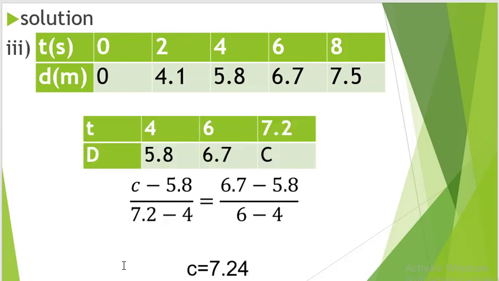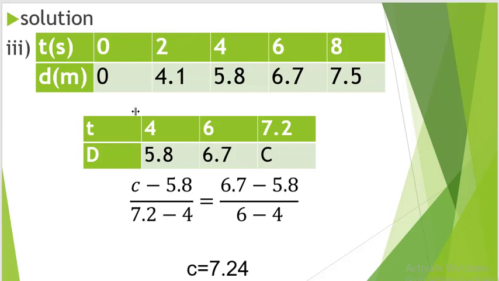Roman 3. Now, here is a different story. Our 7.2 is not at the extreme, but is in the middle. Now, what we are going to do, we are just going to pick this value and fit it here. But since we are using extrapolation, we are not going to consider the last value. I will take 4, 6, and 7.2, and then put the unknown below there.